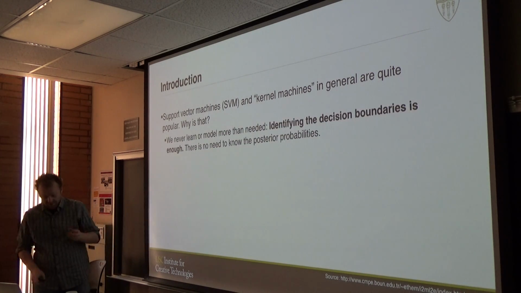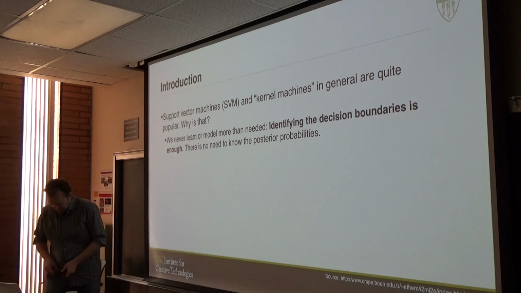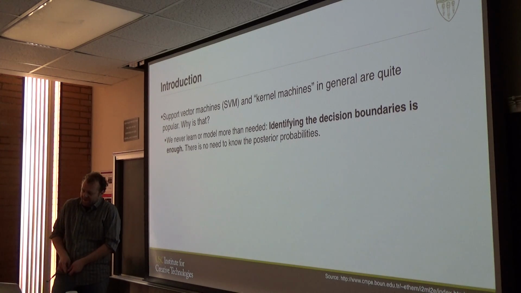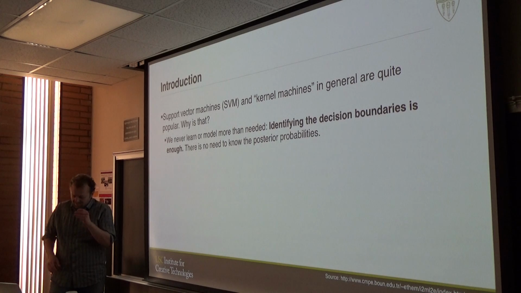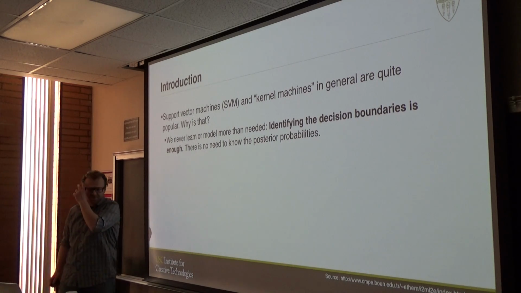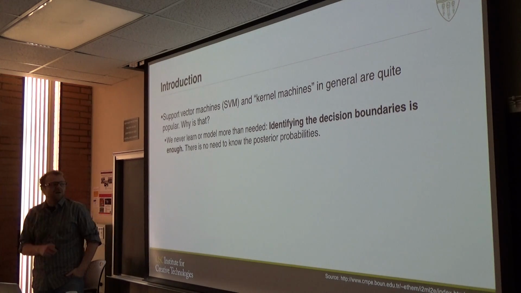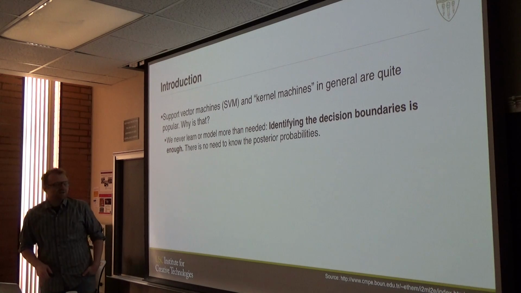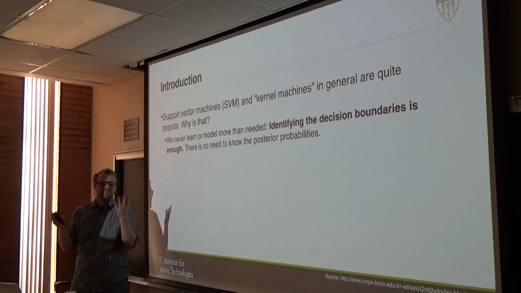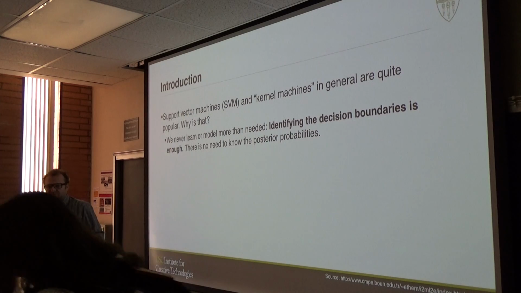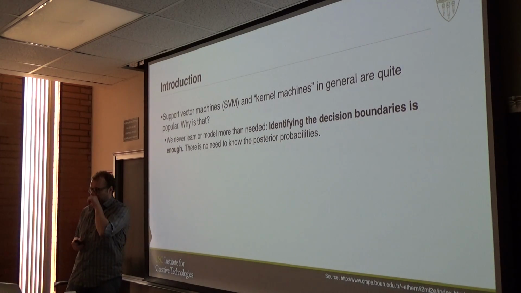So the cool thing about support vector machines, first and foremost, is that we never have to do more than we need to. Again, as in a couple of discussions before, we don't need to calculate the posterior probabilities. We can just identify a decision boundary and decide which class one data point falls into based off of that.